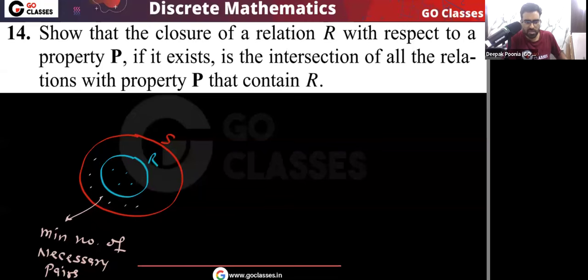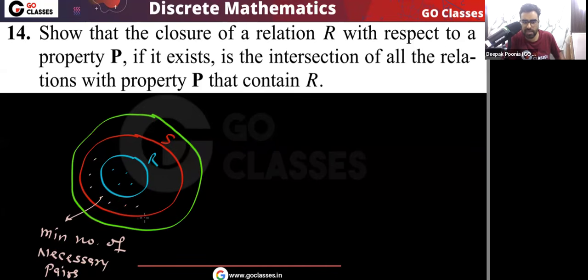Now notice, if I make any relation that contains R and that has this property P, then that relation must be a superset of S, because that relation must contain these necessary pairs. Okay, yes or no?